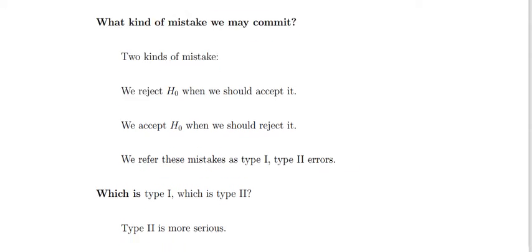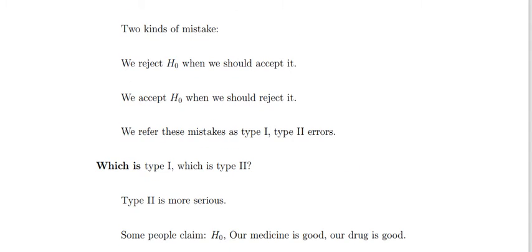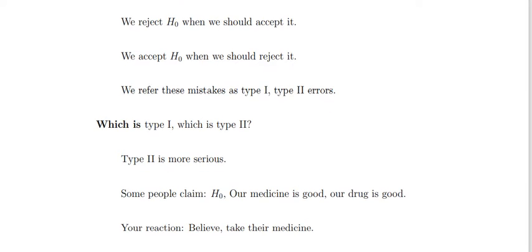Okay, so what is type 1? Which one is type 1, and which one is type 2? We just remember the type 2 error is more serious. If there are two mistakes, how can we judge which one is more serious? Let's go back to the original question of hypothesis testing.